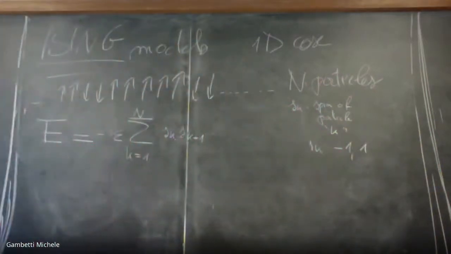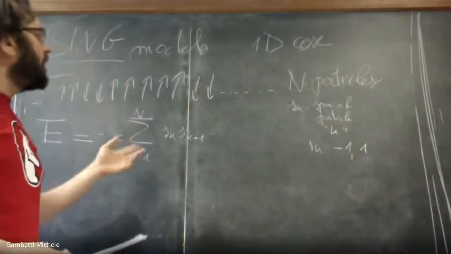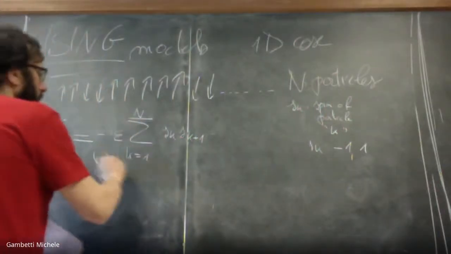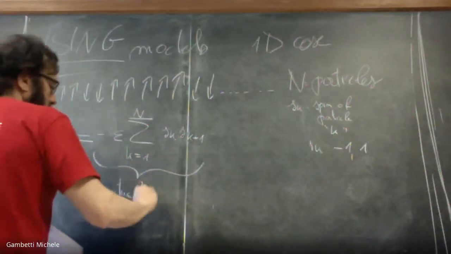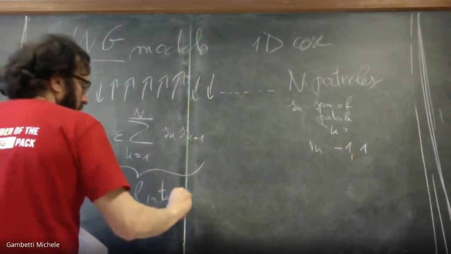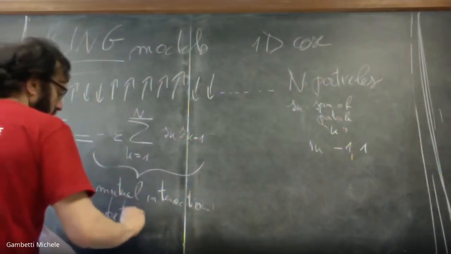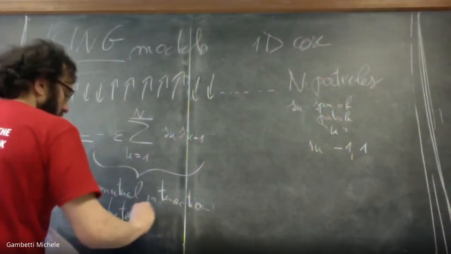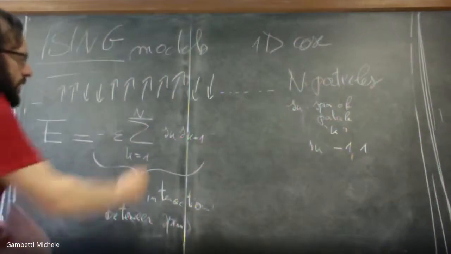So each of these spins can have a -1 or +1. And so this is the term, which is a mutual interaction between spins.